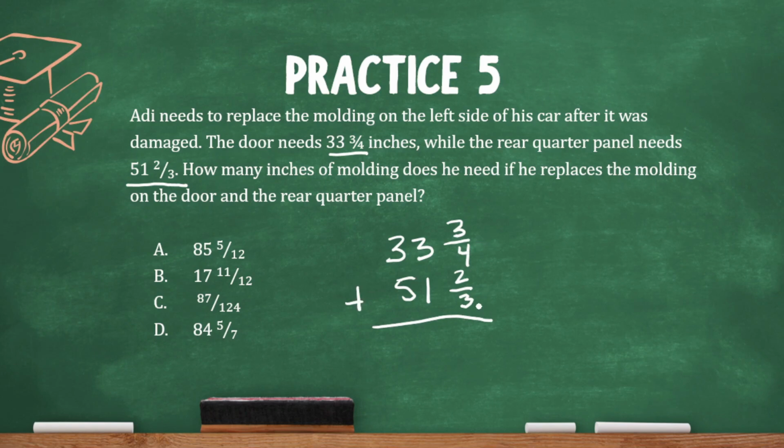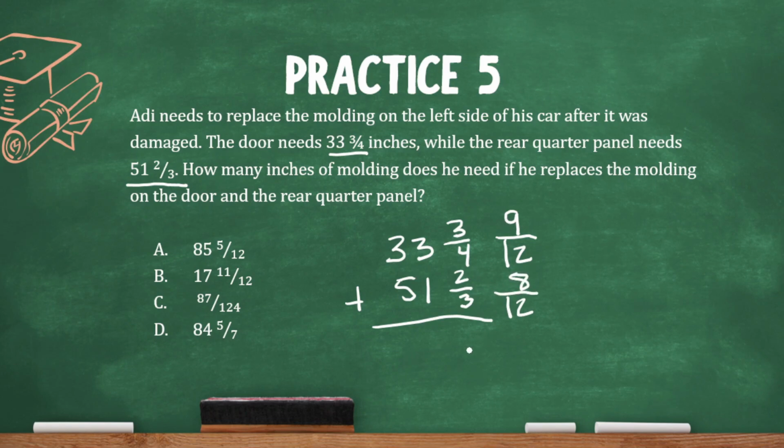We can just multiply the denominators by each other to find our new denominator. And since I multiplied 4 by 3 to make 12, I've got to multiply this 3 by 3 as well to get my new top number. Down here to make 12, I multiplied the 3 by 4, so I've got to multiply the 2 by 4 as well, so that's 8/12.